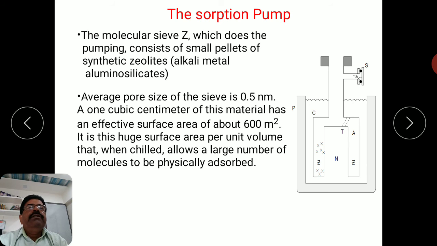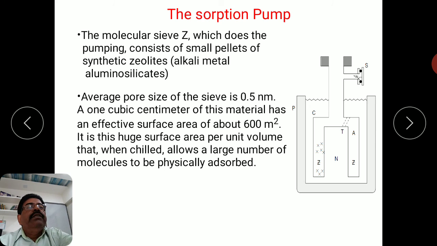With this huge surface area per unit volume, when it is chilled it allows a large number of molecules to be physically adsorbed. Even with a dimension of the order of 1 cubic centimeter, it has a surface area of 600 square meters, so it can physically adsorb a very large number of gas molecules.